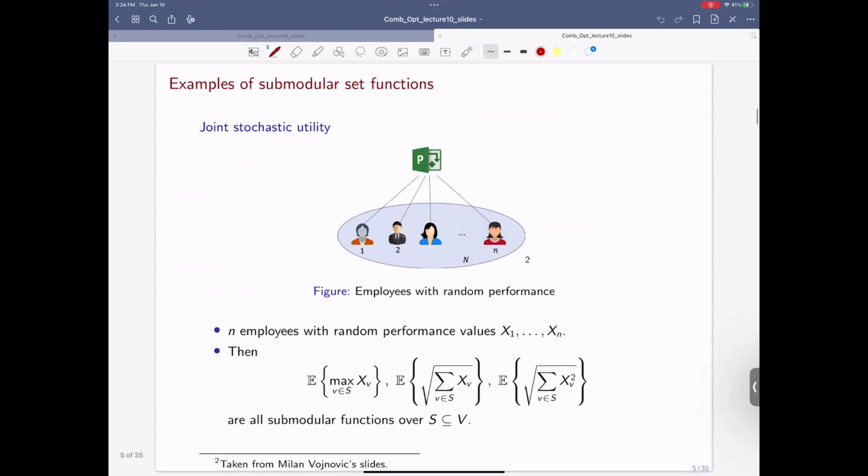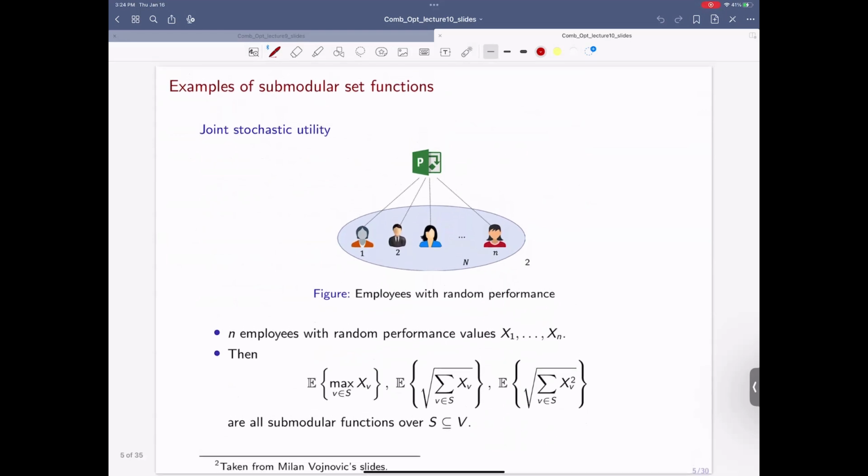Another interesting example comes from the utility maximization problem. So what I do is the following. Let's say I have a pool of employees, and individual employees have stochastic performance values. And what I want to do is take a collection of employees.